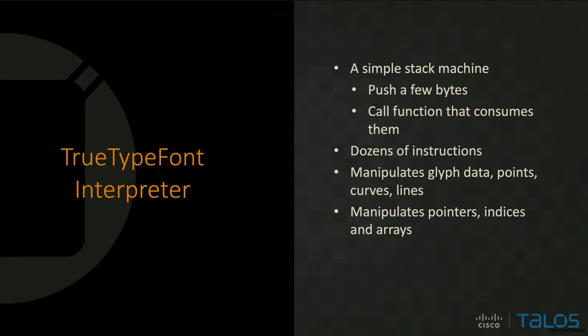There are a couple of dozen instructions that do all sorts of things related to pixel placement, and on the logic level, they manipulate glyph data, points, curves, lines, and symbols like that. But on the more practical side of things, in memory these manipulate pointers, indices, structures, and arrays. They iterate over memory, and have a chance to mess things up and result in memory corruption issues.